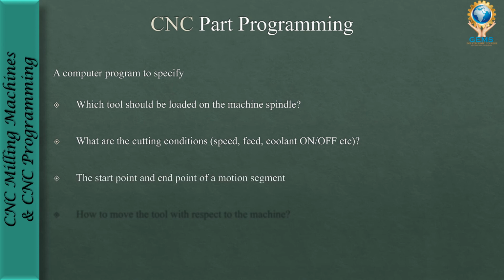Using this CNC programming, we can specify the start point and end point of a motion segment. We can specify the location where the machine has to start, and the point where the tool has to end. It can also be used to specify how to move the tool with respect to the machine.